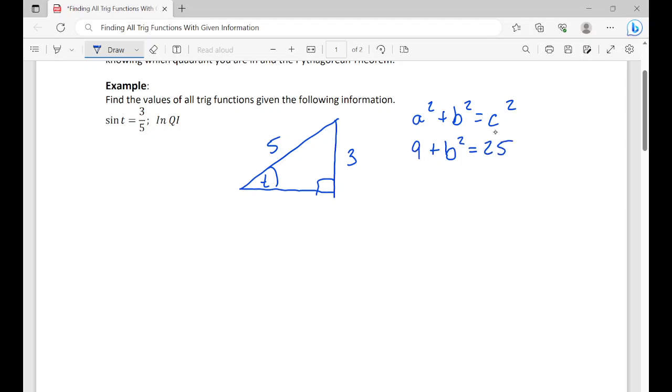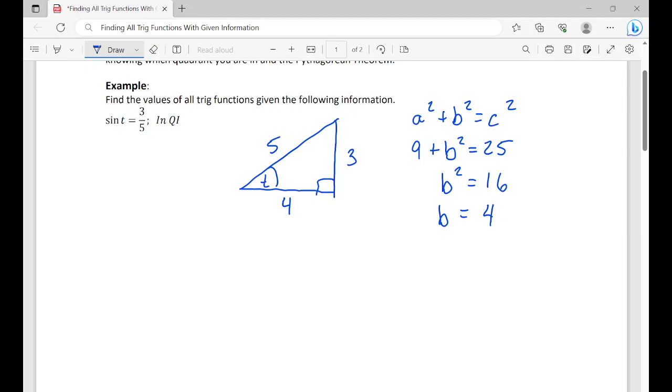So we're going to subtract 9 over. We're going to get 16, and then square root both sides. And normally when you take the square root of both sides, you have plus or minus. But since we're working with lengths, we can't have a negative, so we can disregard the negative and just focus on the positive. So b is 4.